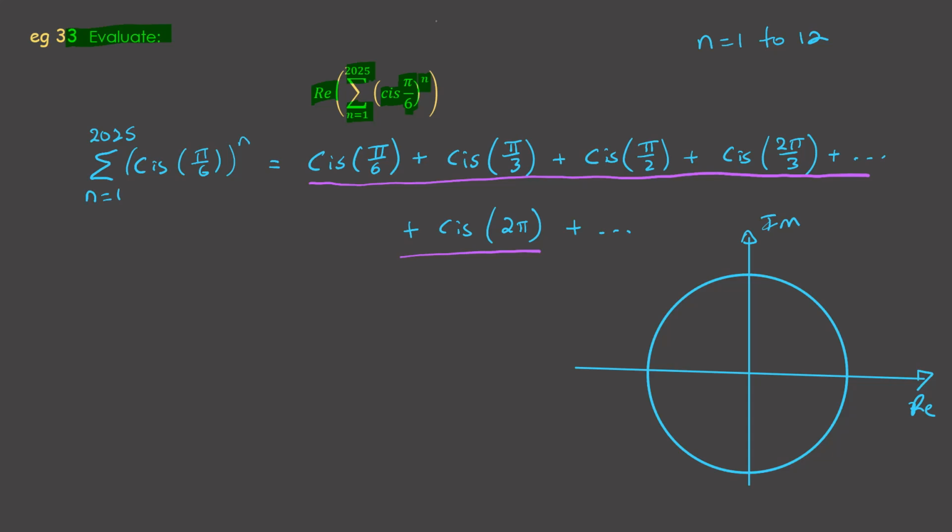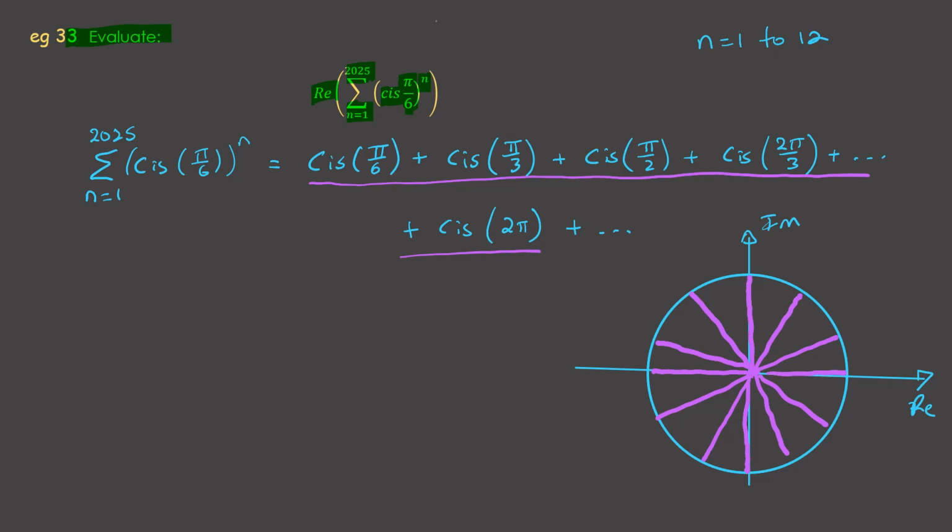So cis(π/6) would be here, π/3, then we've got π/2, 2π/3, 5π/6, and that's 6π/6, or π, and then we would go down. I think they're all a little bit in the wrong place, but you get the idea of what we're doing here. There's the 9π/6, which is 3π/2. And we've got that one, and that one.